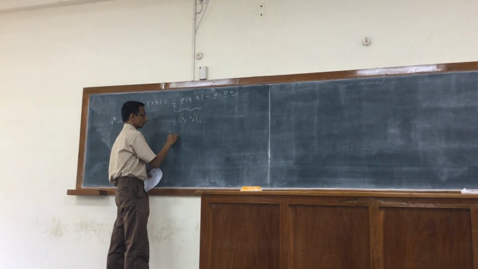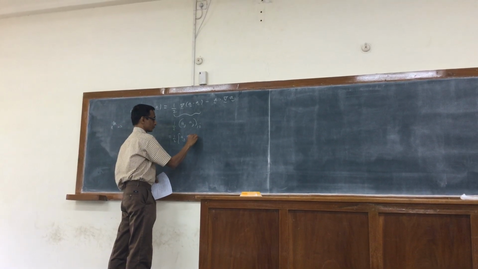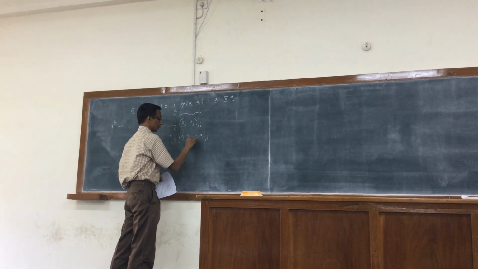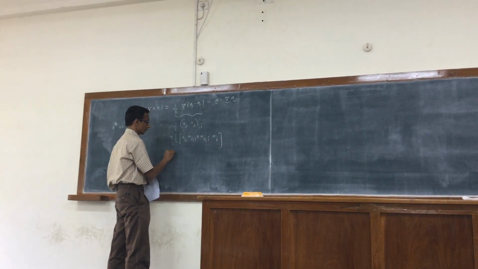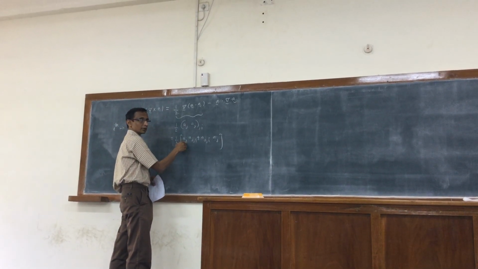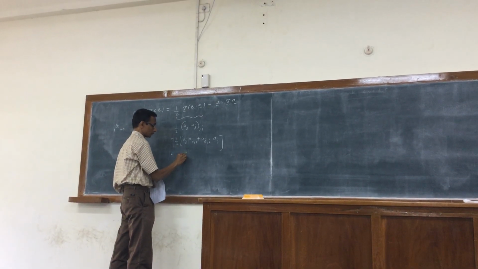So this can be written as half of a_j, comma i plus a_j, comma i. Maybe the two are equal, so I can write this as half times 2 times a_j, comma i, and that will simply become.